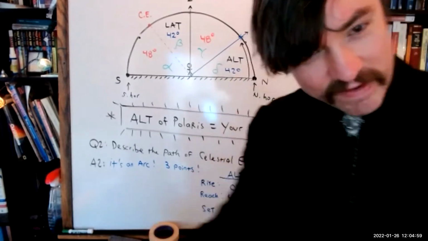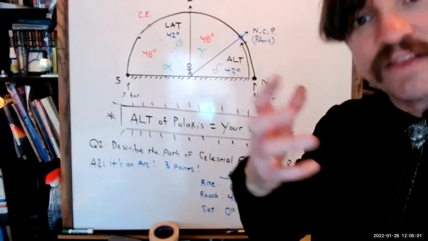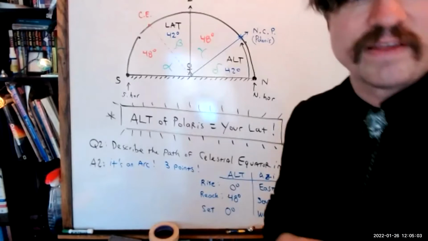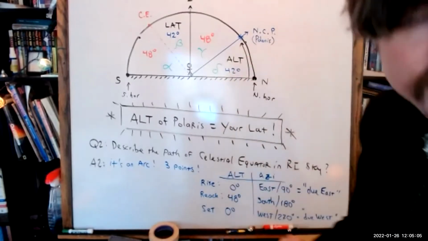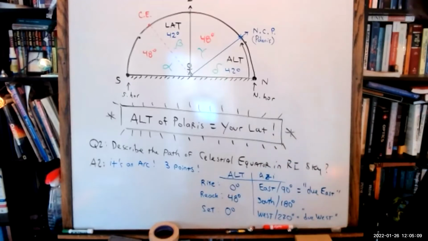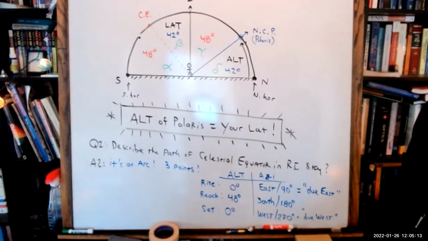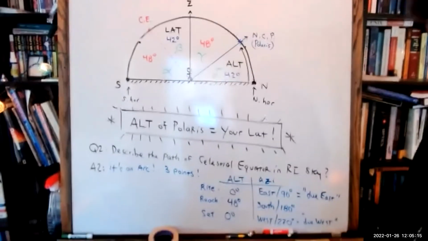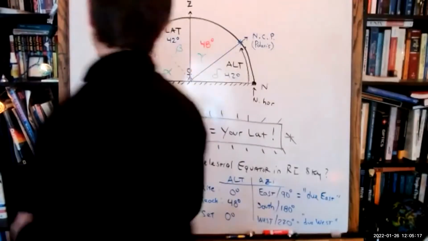That would be an elegant phrase that contains all of the power of the horizon system, all the specificity. It's not ambiguous. That's what we like the horizon system for. Nice. Very good. Okay, so that should have been a good learning exercise for you. I'm going to erase all this now.